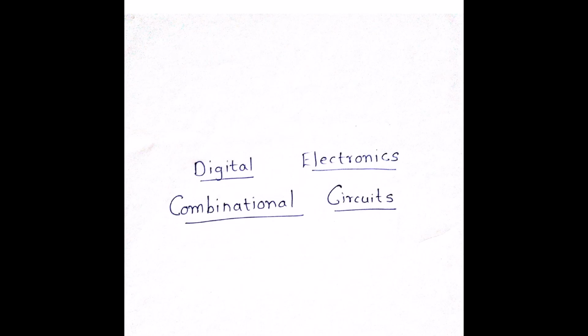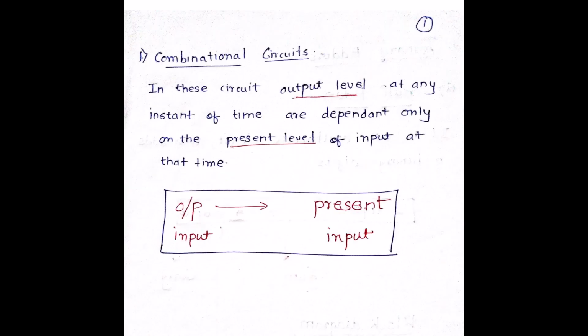So, beginning with this particular concept, combinational circuit. First of all, before beginning with different kinds of combinational circuits, let us understand what you mean by combinational circuits. In a combinational circuit, the output level at any instant of time is dependent only on the present level of input at that time. To put it in simple words, my output depends upon my present input.